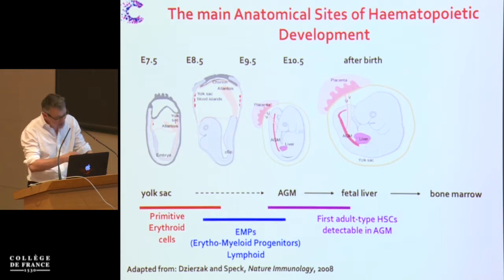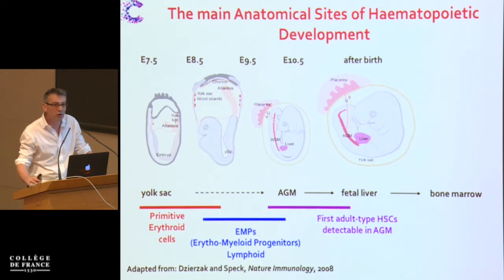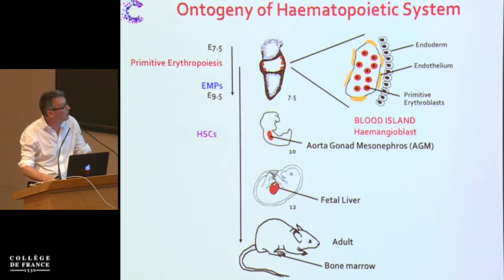And it's only between E10.5 and E11.5 that the first hematopoietic stem cells are generated. So most of the early life of the embryo is secured by these primitive erythroid and EMP cells, and hematopoietic stem cells come only after.